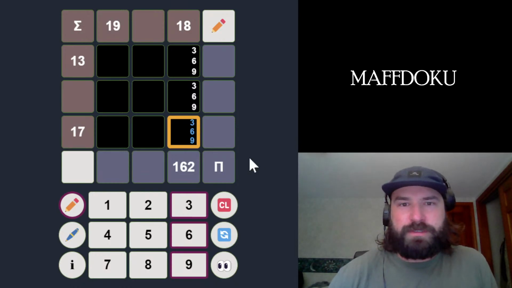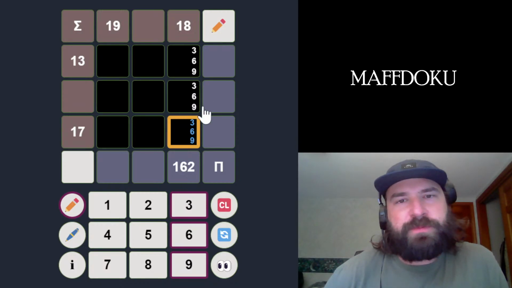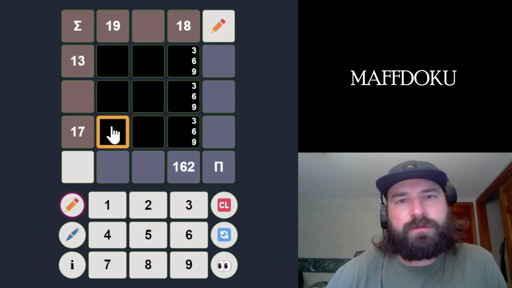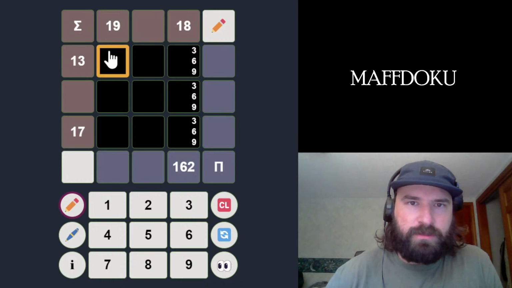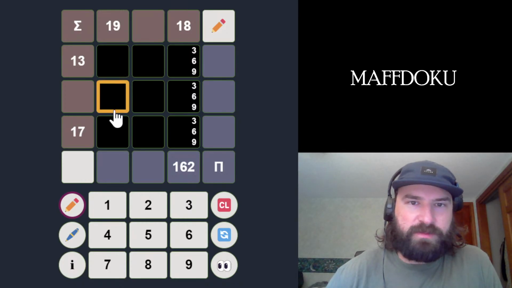Maybe 19 is actually more limiting, especially because we can't use a 6 or a 9 in here. So we have to get up to 19 without using a couple of the high numbers. So I think it probably has to be 7 and 8.